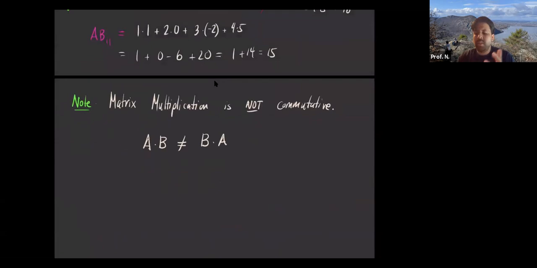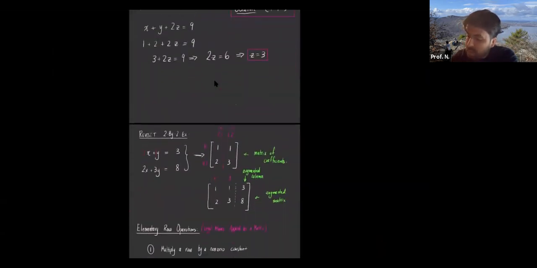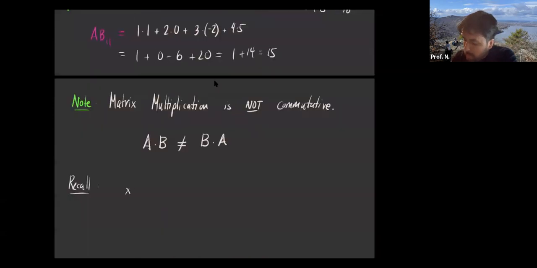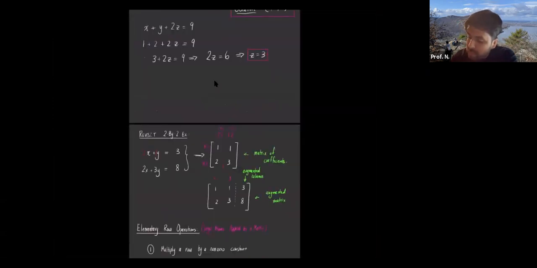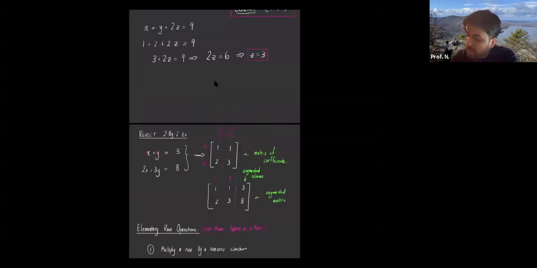Okay, so we're dealing with a different kind of mathematical object, not numbers anymore, but matrices. Now, I want to make another recall of what we've been doing before. Let me bring up the first example we did. x plus y equals 3, and 2x plus 3y equals 8.